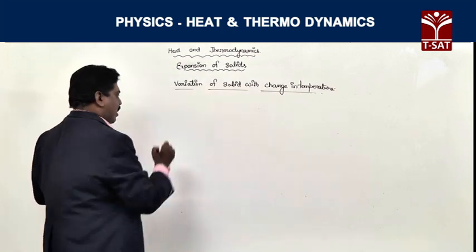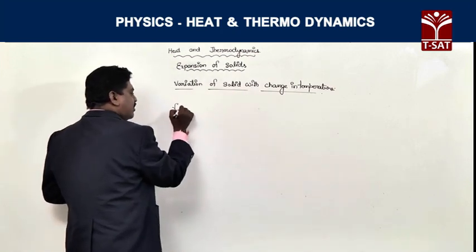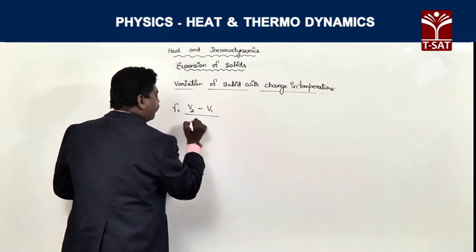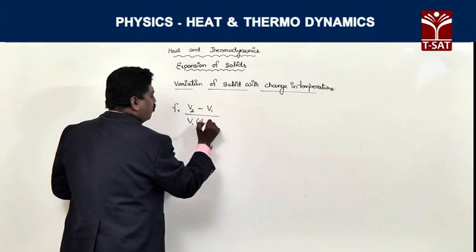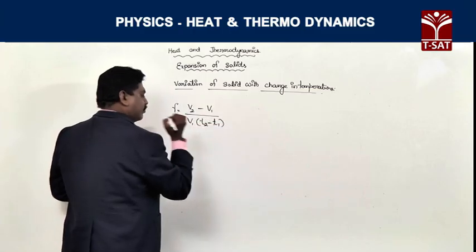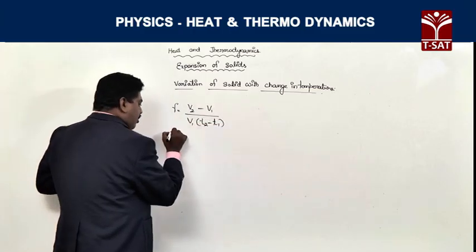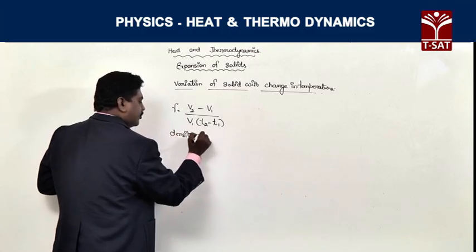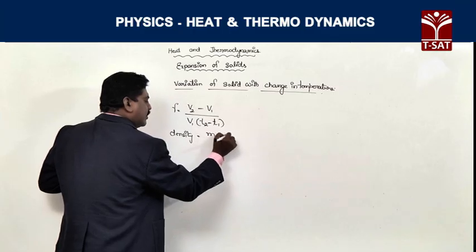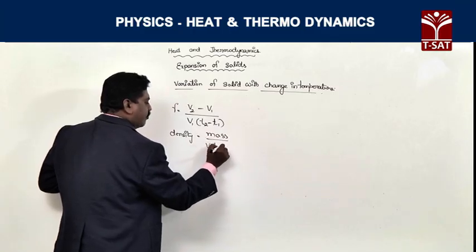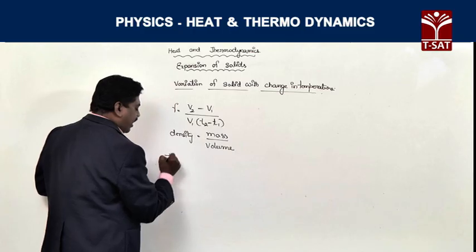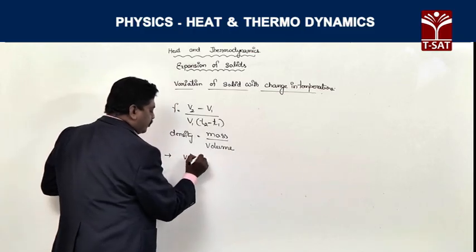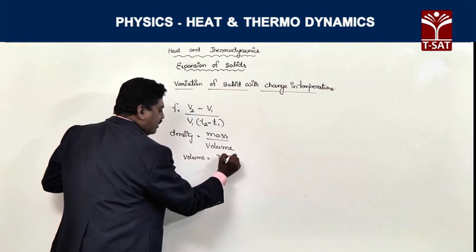We know that gamma is equal to V2 minus V1 by V1 into T2 minus T1. But in general, density is equal to mass by volume, from which we can write volume equals mass by density.